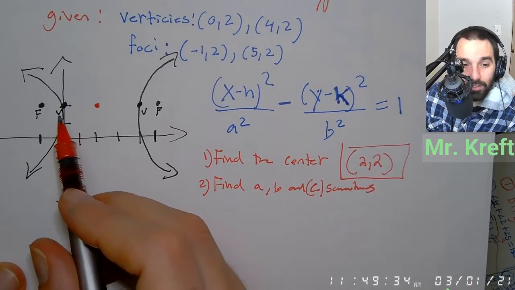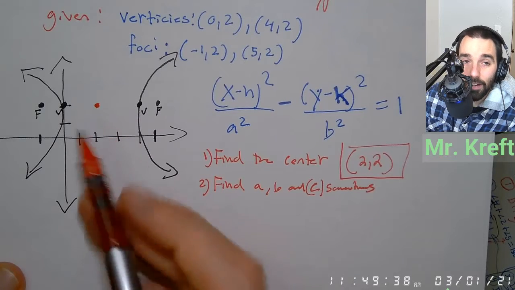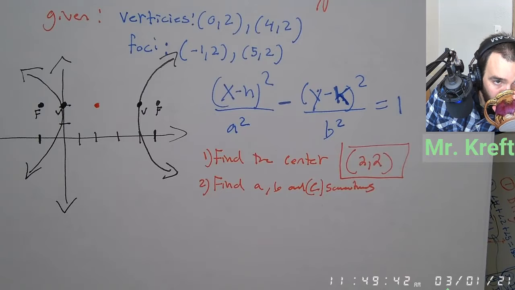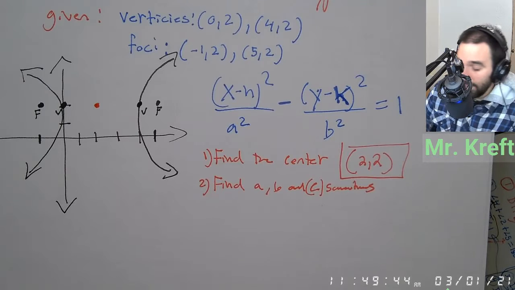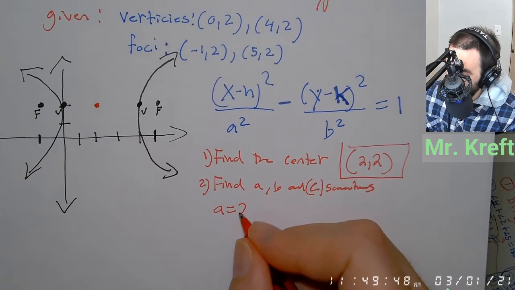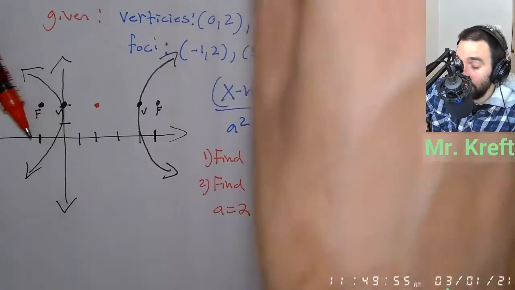I found my center because it gives me both vertices, and the center is halfway between them. Which means a equals 2.